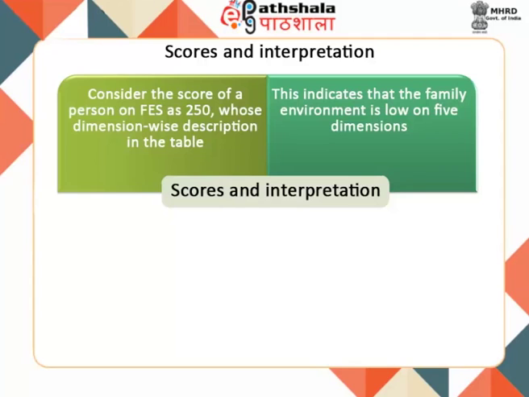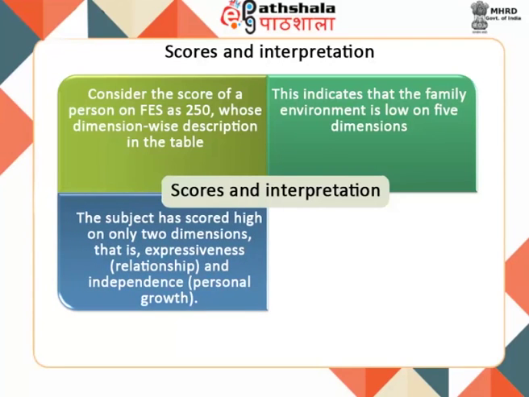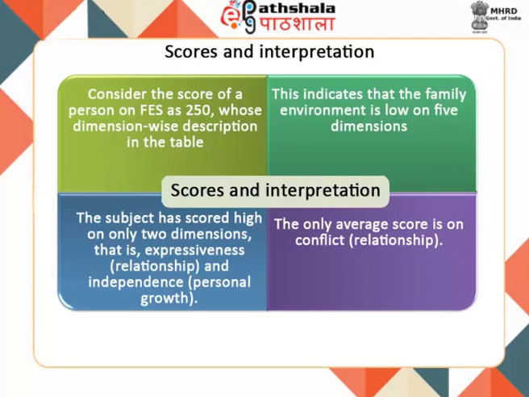Out of these 5 dimensions, 2 relate to relationship, that is cohesion and acceptance and caring, 2 to system maintenance, that is organization and control, and 1 with personal growth, that is active recreational orientation. The subject has scored high on only 2 dimensions, that is expressiveness and independence. The only average score is on conflict.